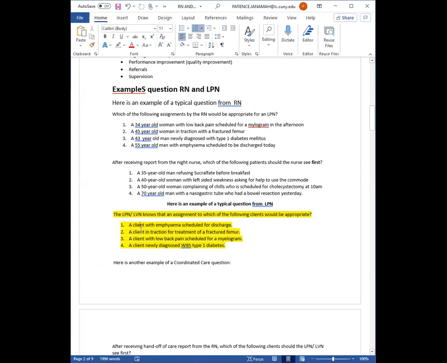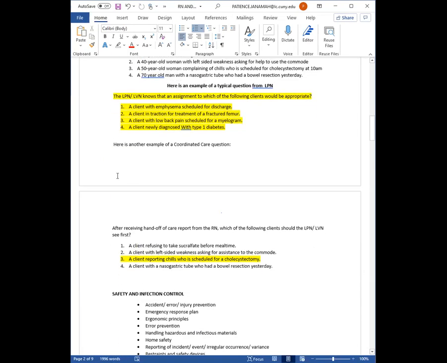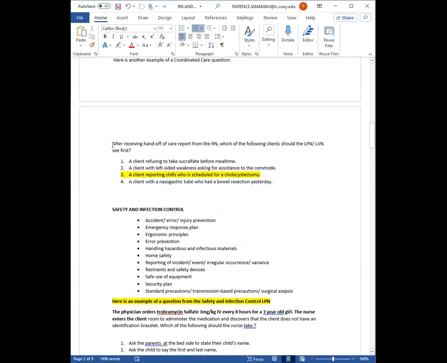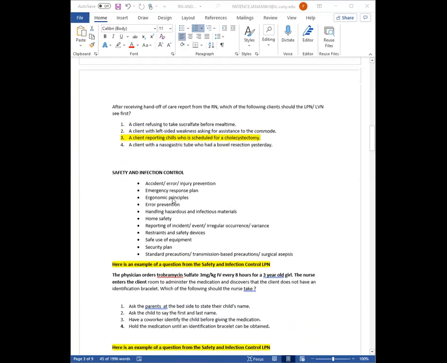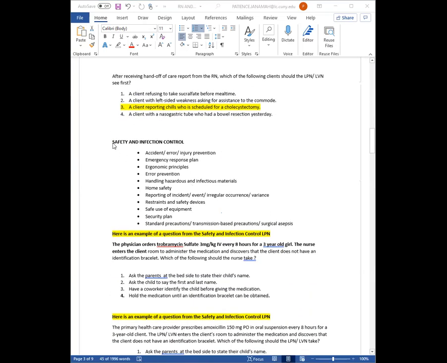So our answer will still be number 2. Here, after receiving handoff report from the RN, which of the following should the LPN see first? It's the same question here. So you see the difference between the RN and the LPN, that they can just decide to use a nurse, and it's not like a big mountain to climb.